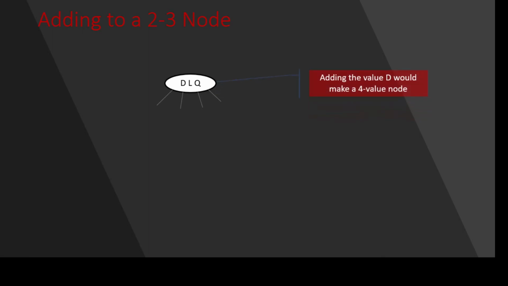Adding a D to that node would make this 4-node value, but we don't like the 4-node value. That's too complex. We like the simple structures we had before, at most with the concept of in between. So what we can do in this case is restructure what would be a 4-node value into 3 nodes. We put the L in the middle, the D to the left, the Q to the right, and we're back to where we started. But now we have 3 nodes that in theory can each have 2 values.